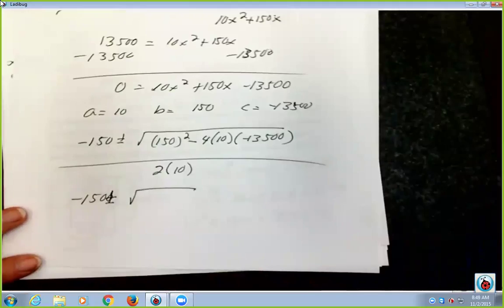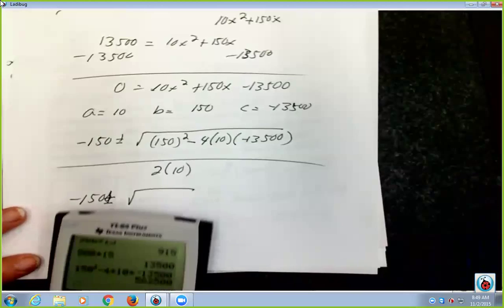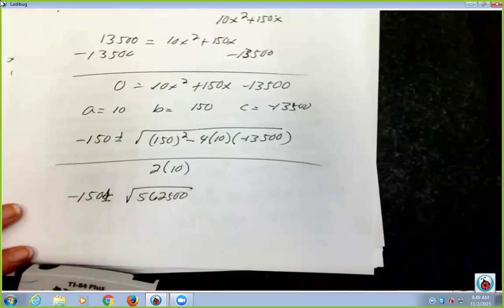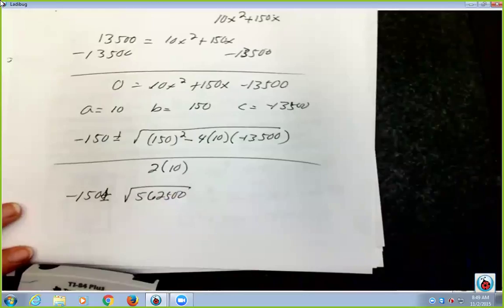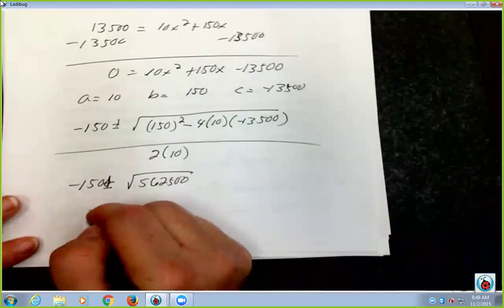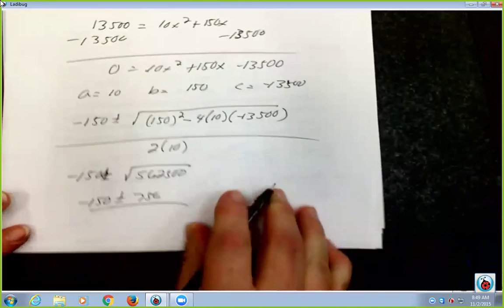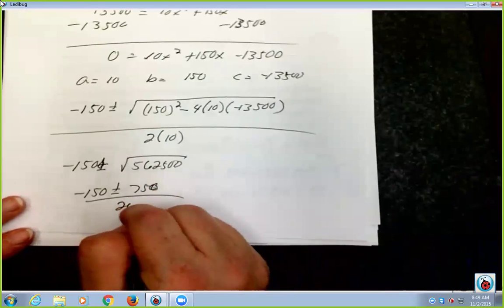150 squared minus 4 times 10 times a negative 13,500. And I get this great big number, 562,500, square root of it. And I get 750. Now we're better, over 20.